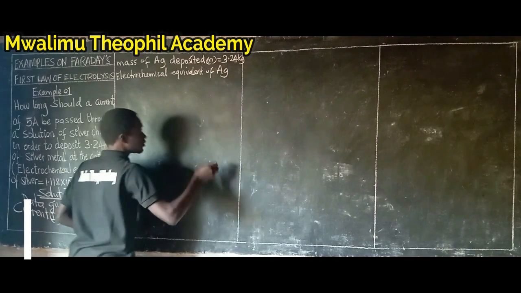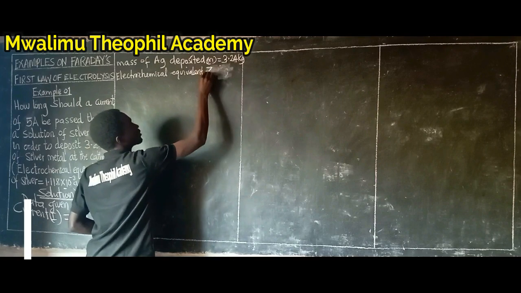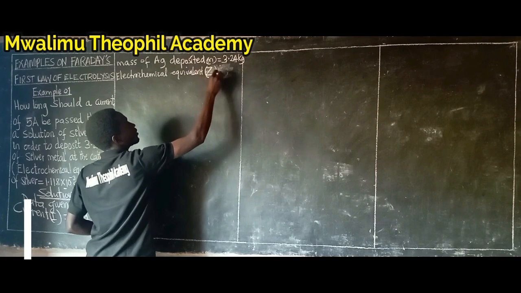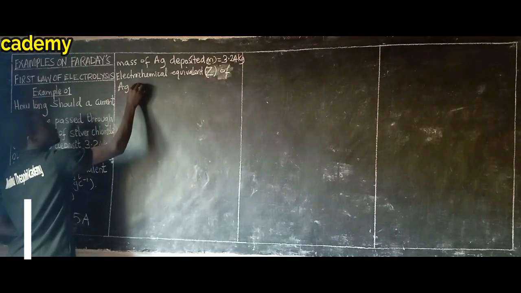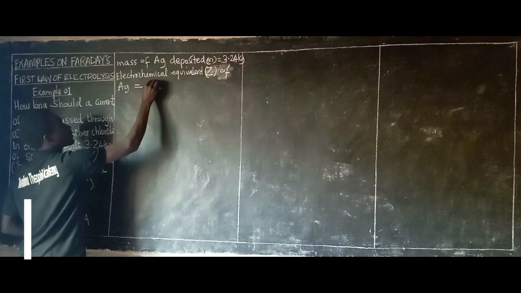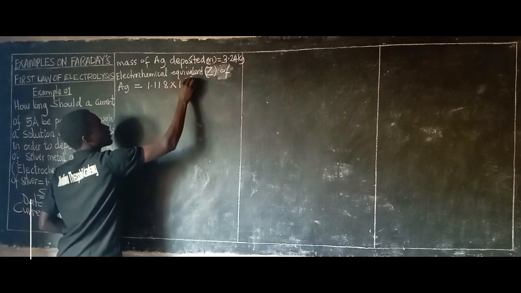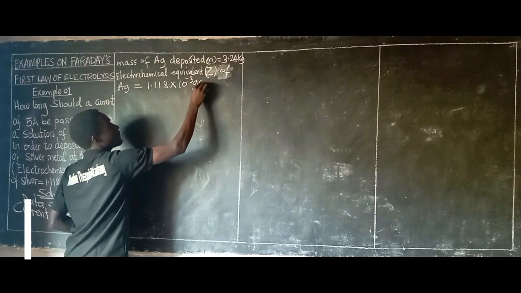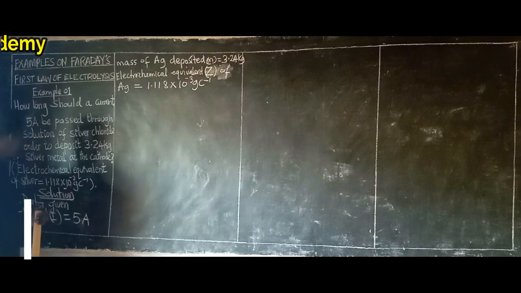You have to know that electrochemical equivalent is Z. Z of silver is equal to, we are given, 1.118 times 10 raised to negative 3 gram per coulomb. These are the data we have.